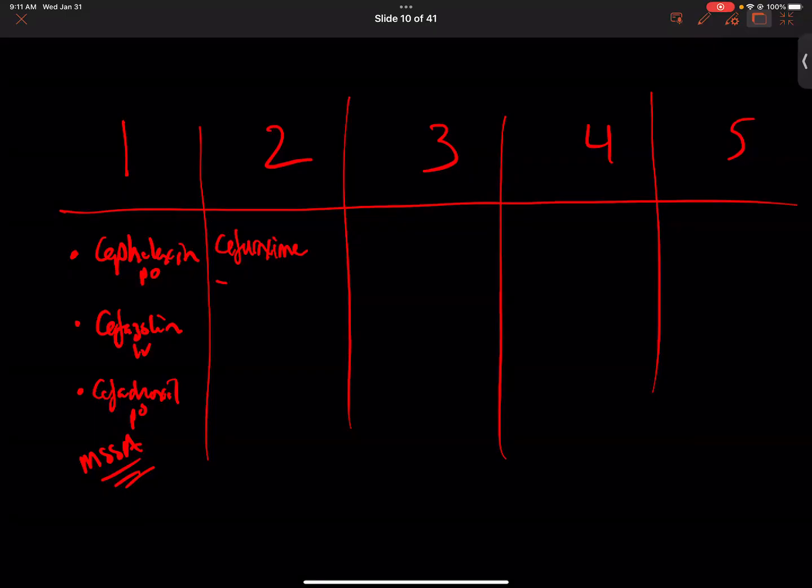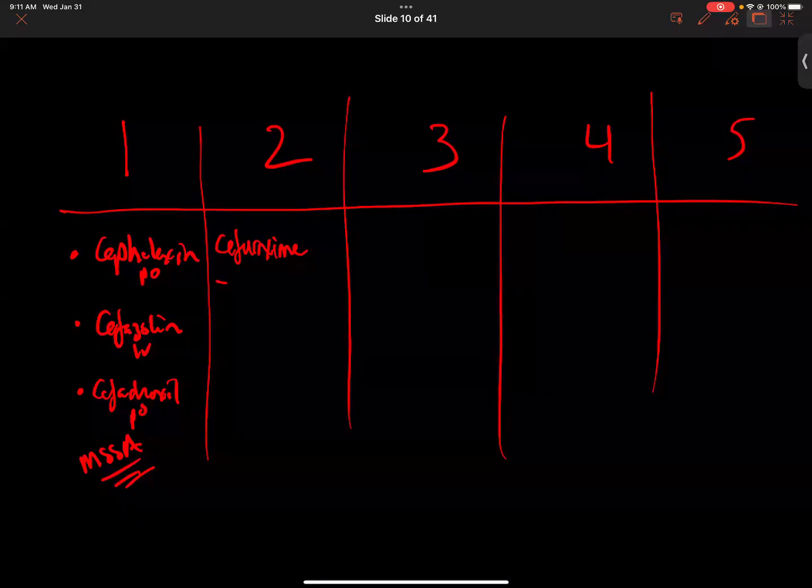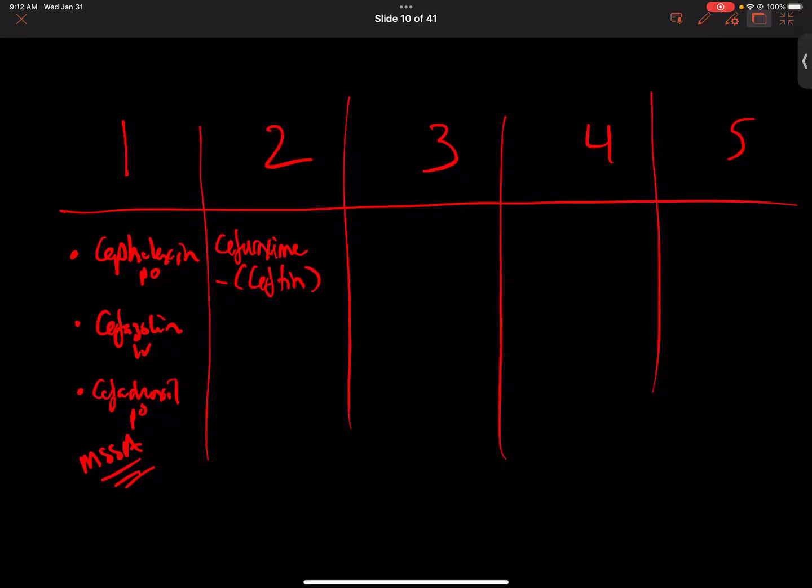Claforan. So Claforan is cefotaxime. Close. We'll get to that one soon. Availability issues with that one. It is Ceftin. Good. Is Ceftin oral or IV? It's oral. It's that really cool looking blue tablet, isn't it? Is there an IV formulation of cefuroxime?